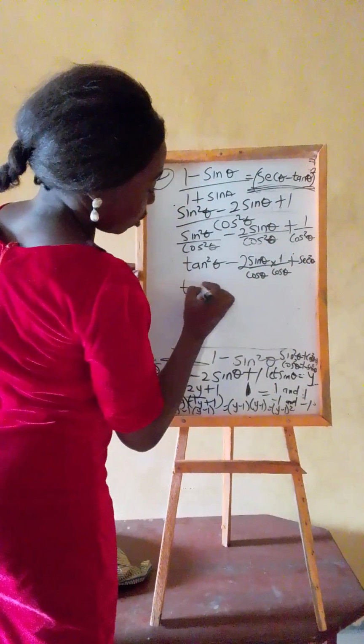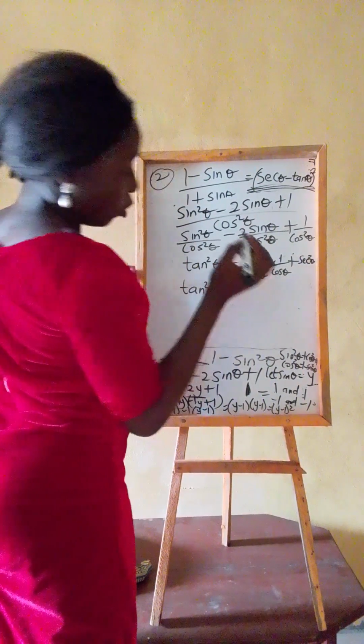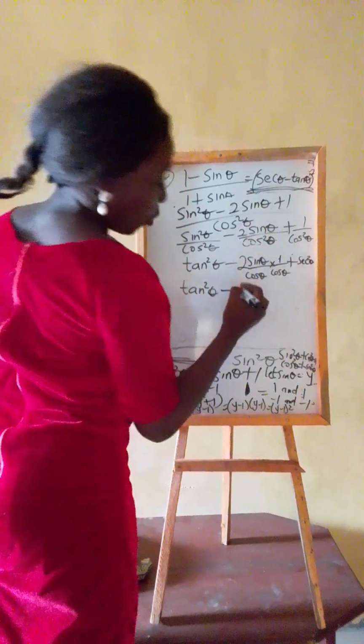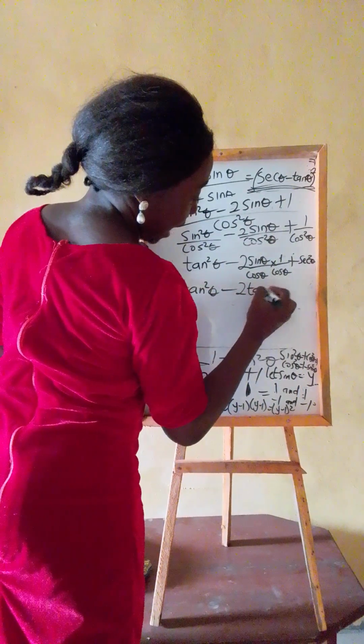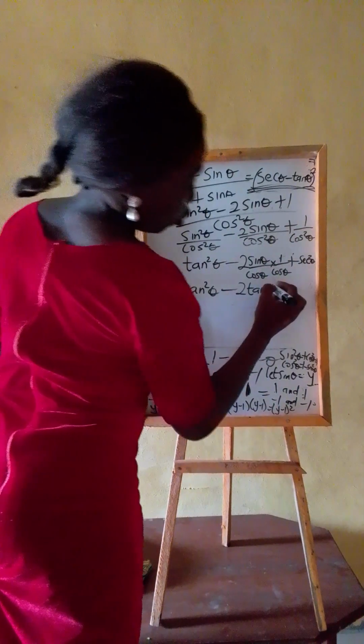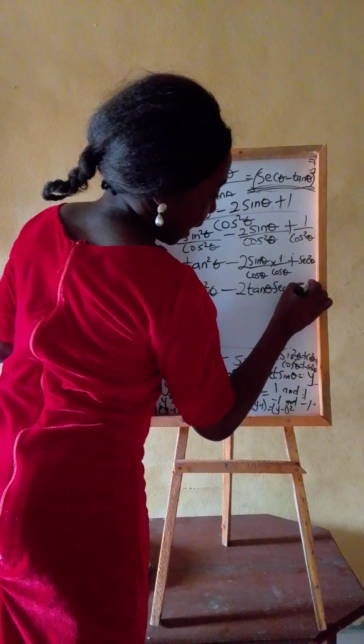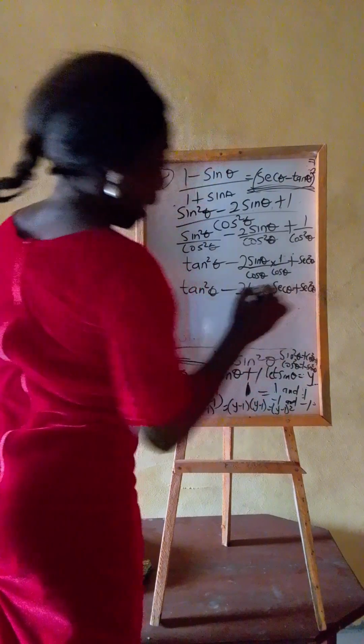So this is tan squared theta minus 2 tan theta sec theta, since sine over cos is tan, plus sec squared theta.